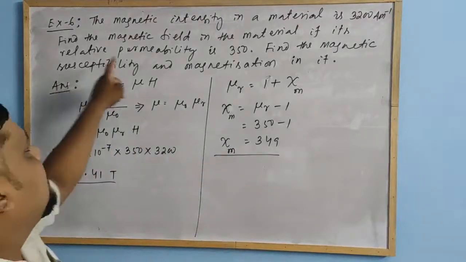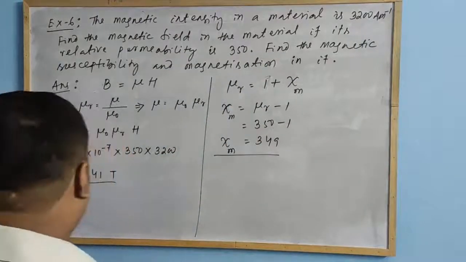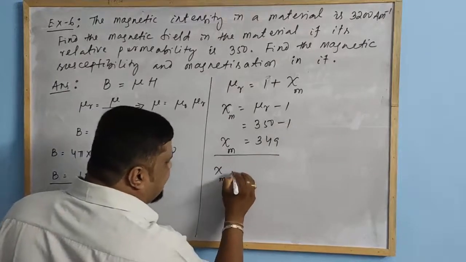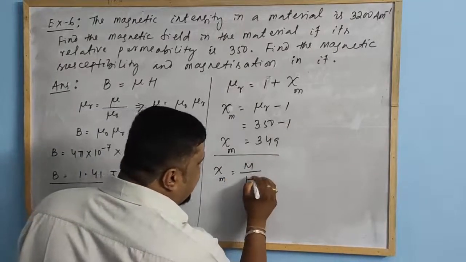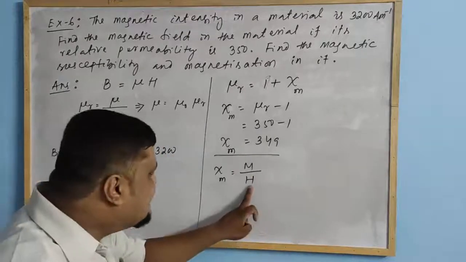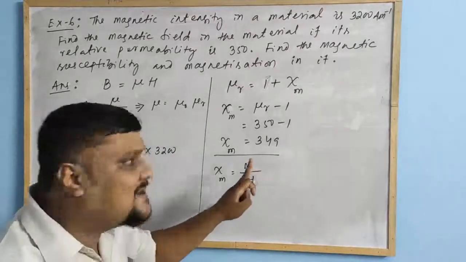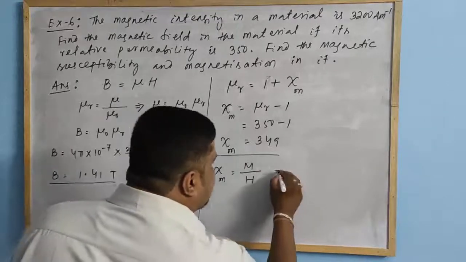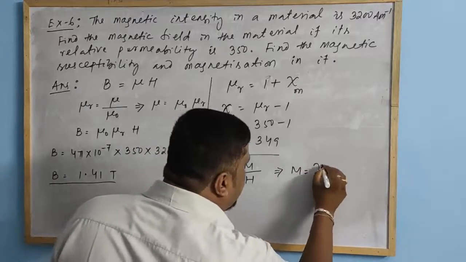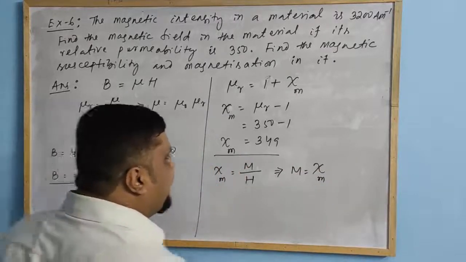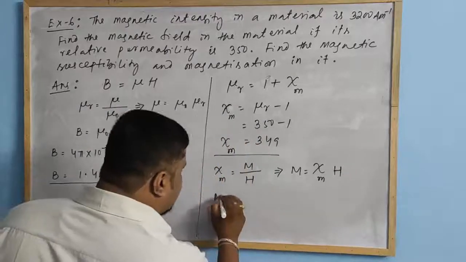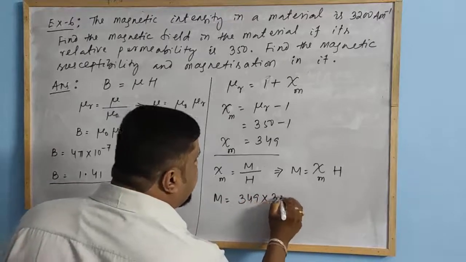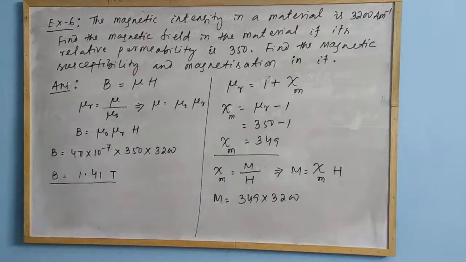Third one, magnetization. You know the formula for magnetization. From the susceptibility formula, susceptibility is equal to magnetization divided by the intensity of magnetizing field. This implies magnetization M is equal to susceptibility into H. So M is equal to 349 into 3200 ampere per meter.